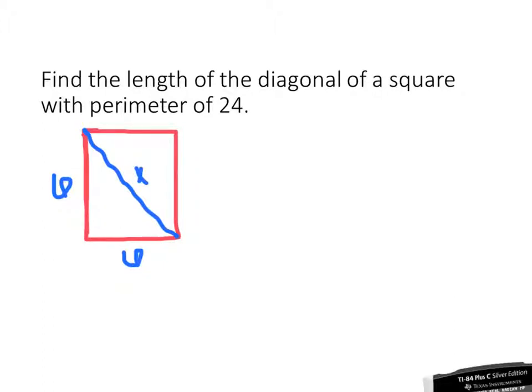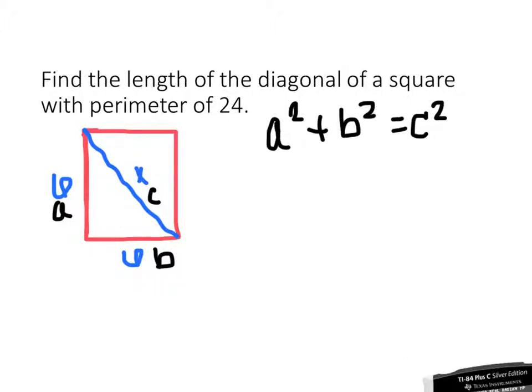Again, we go ahead and label our sides A, B, and C. Then we can start with our Pythagorean theorem. A squared plus B squared equals C squared.